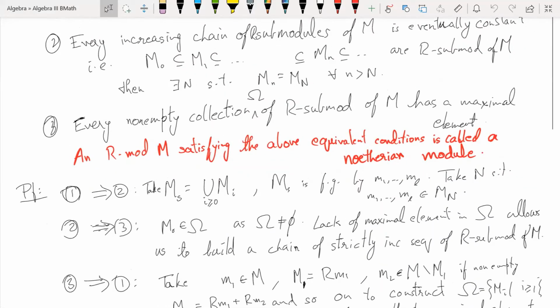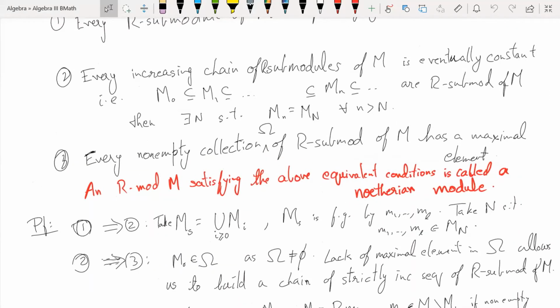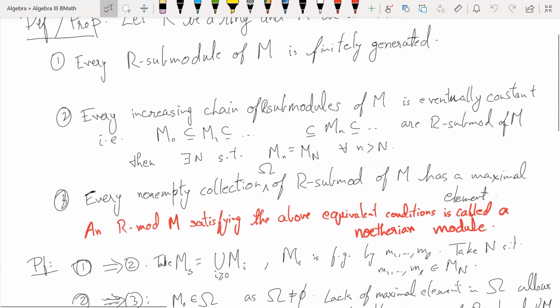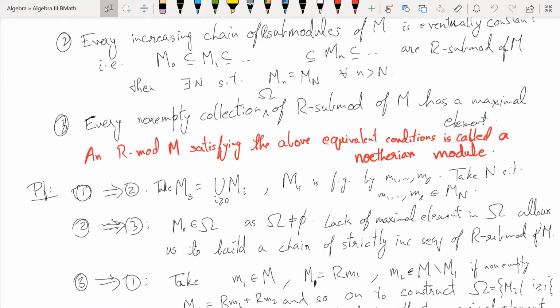And for three implies one, we assume that every non-empty collection omega of R submodules of M has a maximal element. Then we want to prove that every R submodule of M is finitely generated.